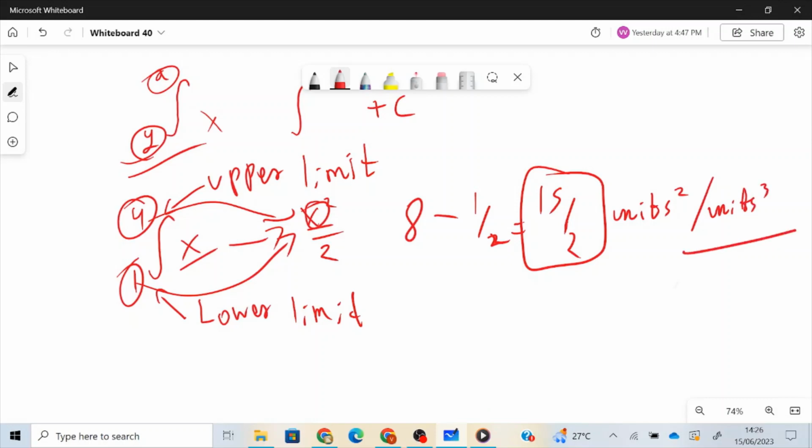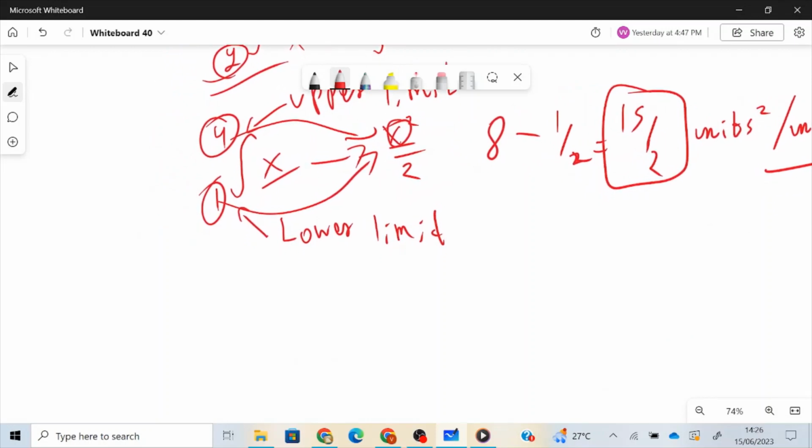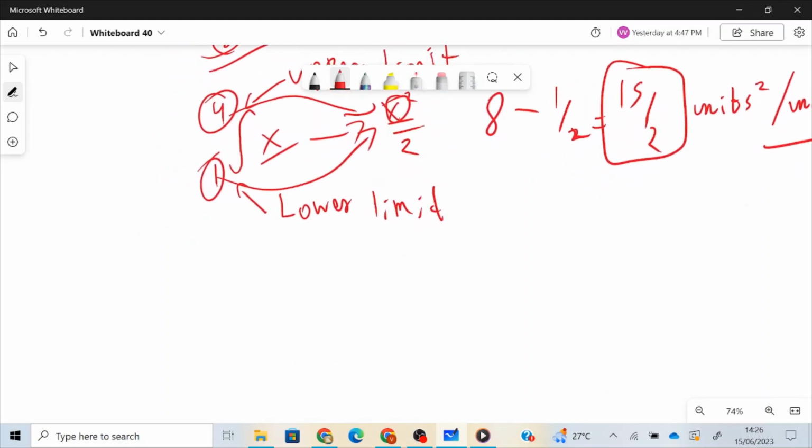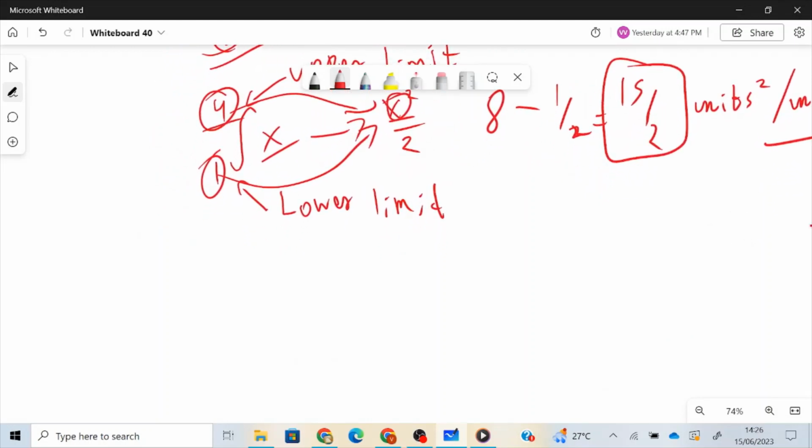Now, one other important thing to note is that your upper limit is always meant to be greater than your lower limit. Now, this may not be the case all the time. It's very rarely this happens, but it can happen. Sometimes questions are twisted, and they could ask you to integrate, let's say, something like 1 to 2 of x again. Now, you know you have to manipulate this question, because this is not possible. Your lower limit should not be less than your upper limit in any case.